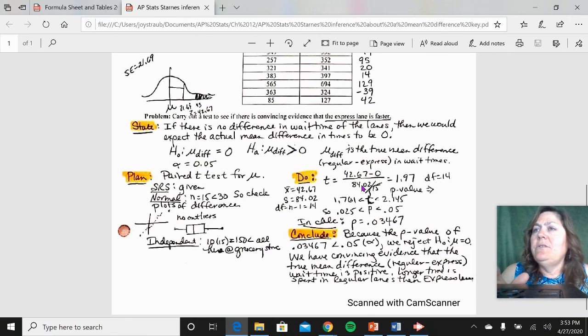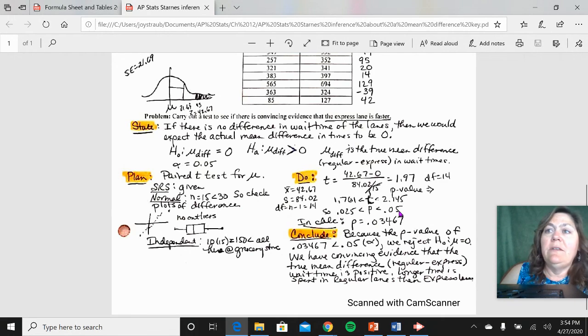For the do, I ran the statistic myself to show it by hand. I got a t of 1.97. In case you didn't get that, here's the 1-var stats information, x bar and S from my 1-var stats. df is 14, so here's where my t falls on the table, giving me this p-value.